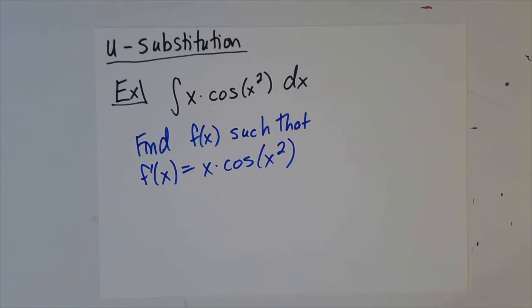So, like we've talked about before, you might start by trying to guess an antiderivative of x times cosine of x squared.